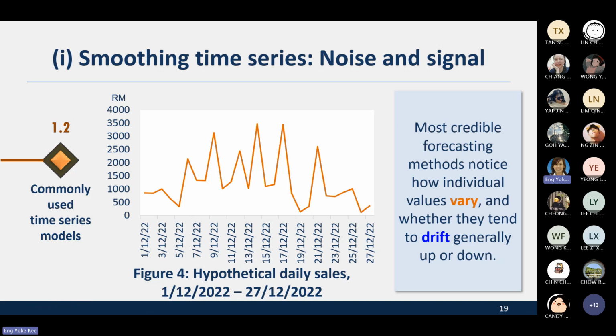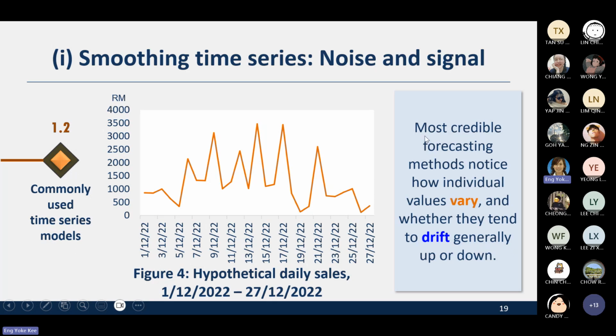So what can you see from here is that for any time series data, we're trying to identify these two components in a very rough manner. Okay, so we want to see how noisy is the data and what is the direction where it goes. We call it a signal.